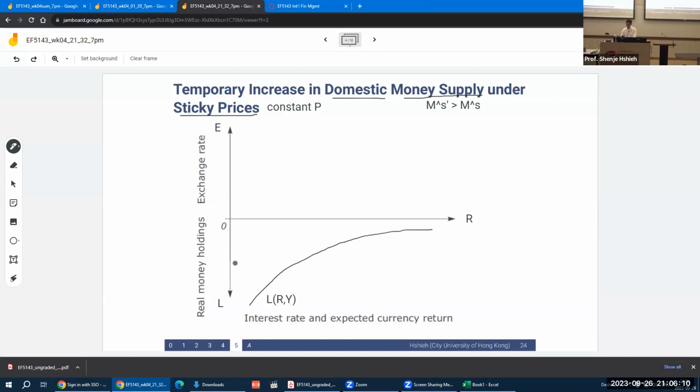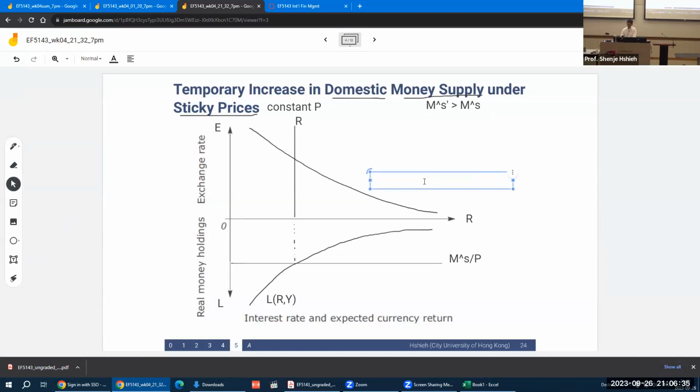Let's call that MS over P for now. We have an equilibrium interest rate when the money market clears. And we know that the UIP relationship is characterized by a downward sloping curve between E and R. Let's go ahead and just write out UIP so that we understand what's going on here. All right, so that's a starting point, right? And we have an equilibrium E naught.